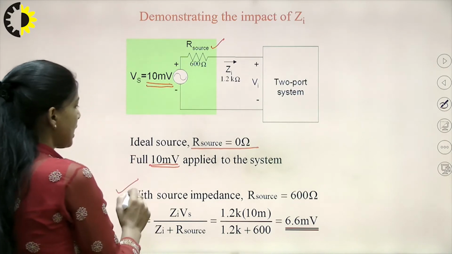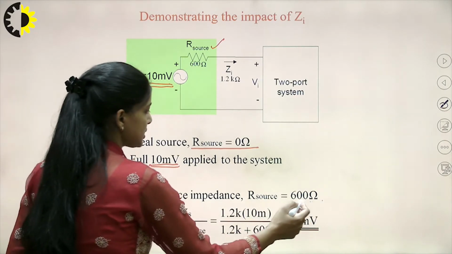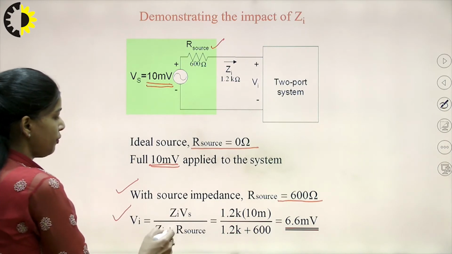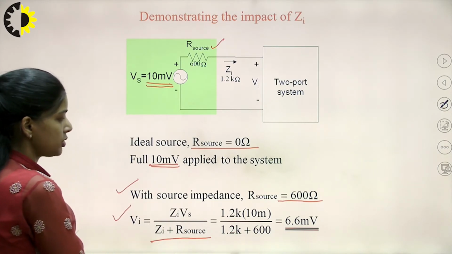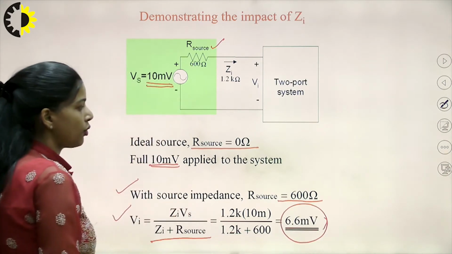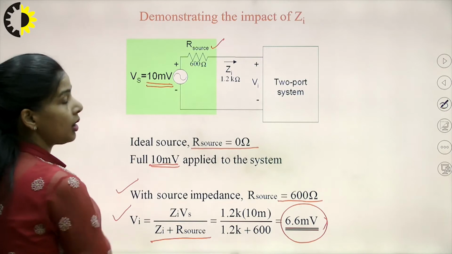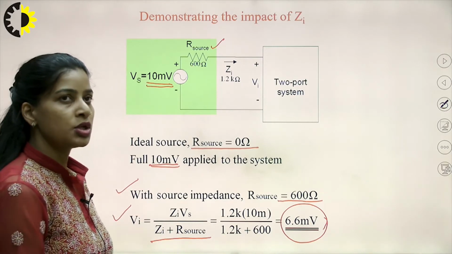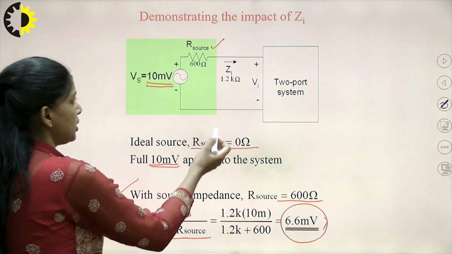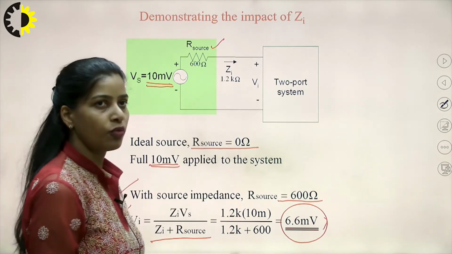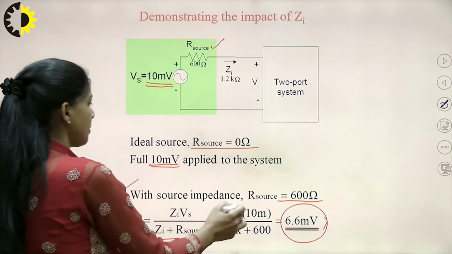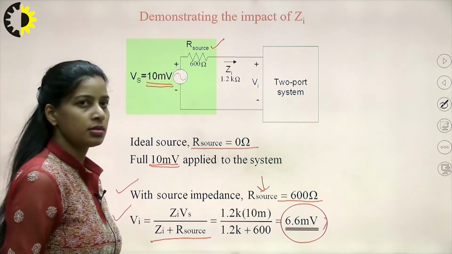Now if we have a source resistance of 600 ohm, then Vin will be Zi Vs upon Zi plus R source, so 6.6 millivolts appears at the system. That defines how we can control the voltage and the current that we require at the system by applying this source resistance.